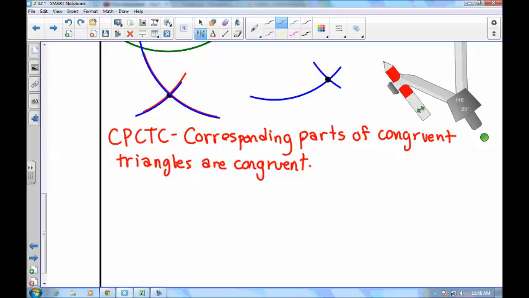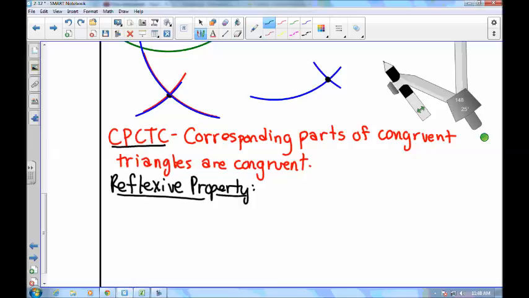Okay, another definition is the reflexive property. The reflexive property is every triangle is congruent to itself.